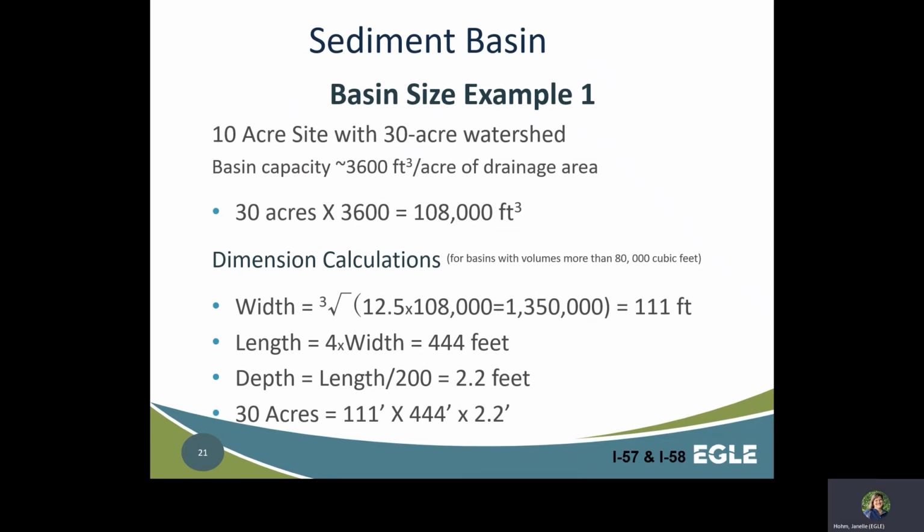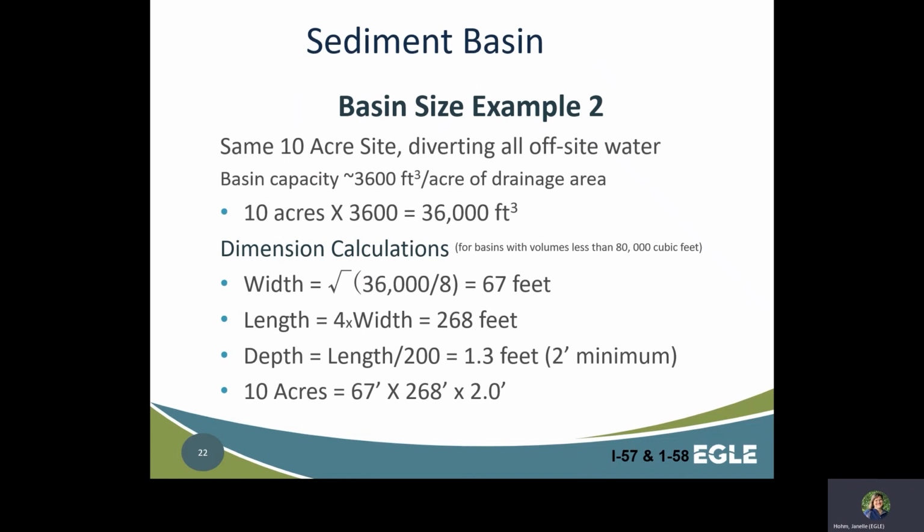The depth of the basin should be equal to the length divided by 200. In this case, the depth equals 2.2 feet. Remember that the minimum depth for a sediment pond is 2 feet. So, for this example, our basin would be 111 feet by 444 feet by 2.2 feet.